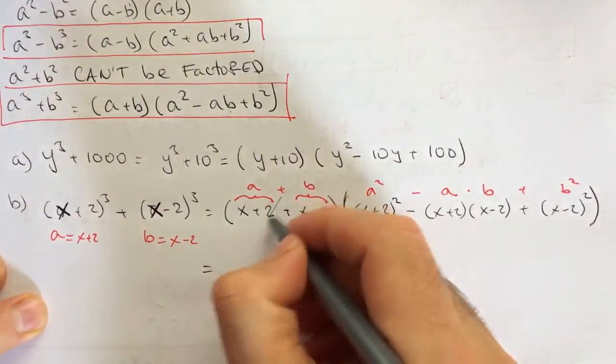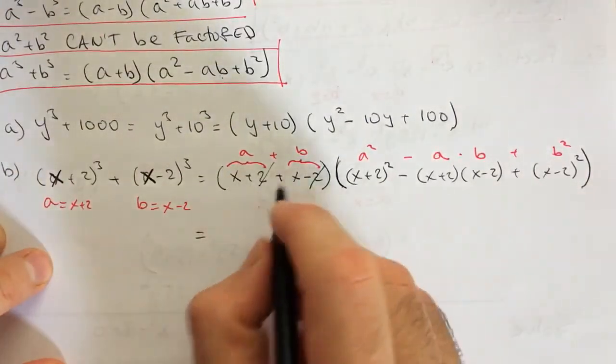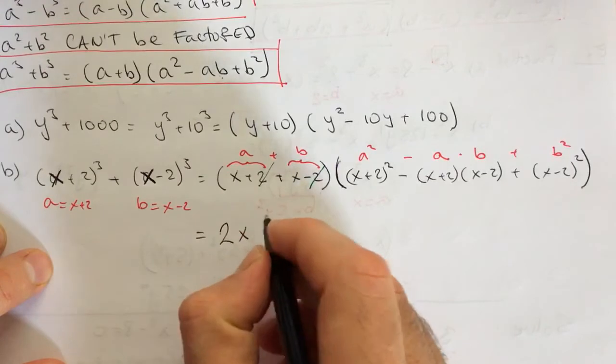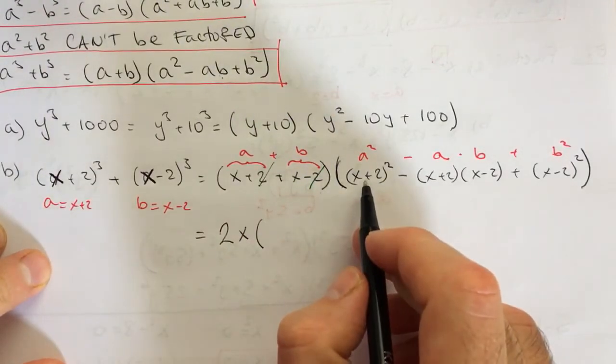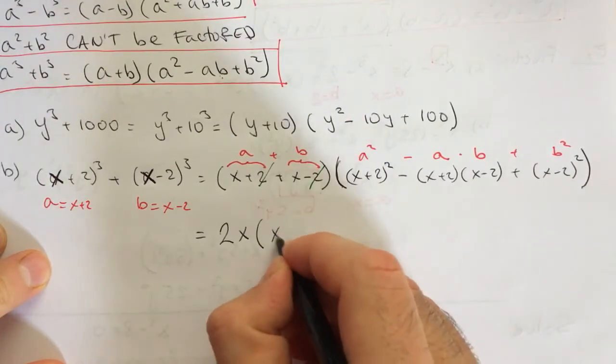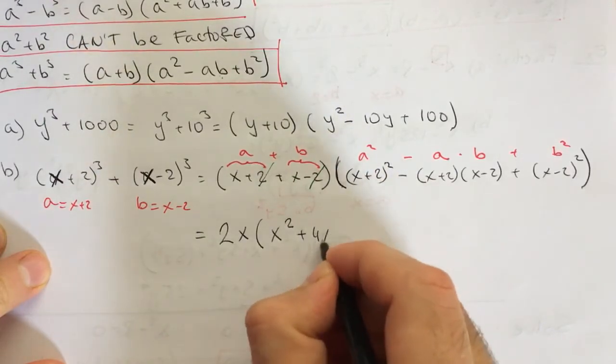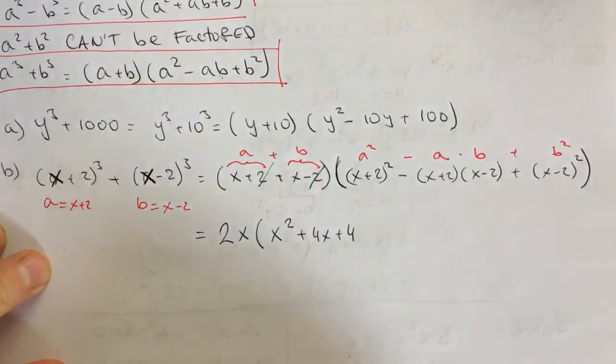First of all, cancel positive 2 and negative 2. x plus x is 2x. And here, what do I have? x plus 2 squared is x squared plus 4x plus 4.